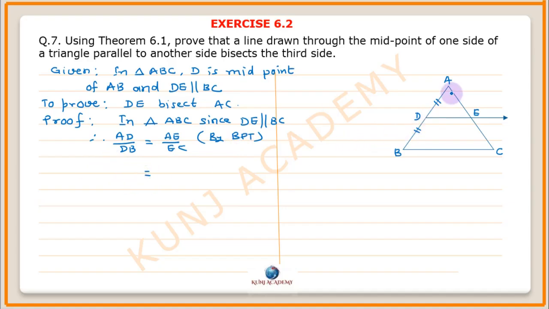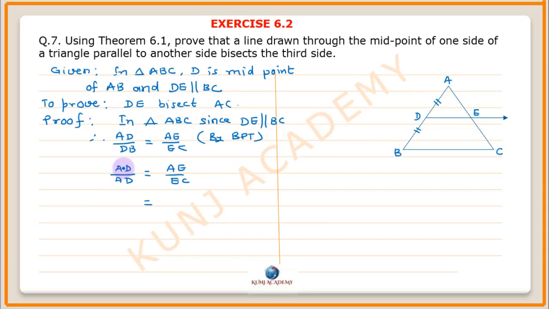Since D is the midpoint of AB, therefore AD is equal to DB. DB के जगह पर AD लिखा क्योंकि दोनों इक्वल हैं. AD and BD are equal.